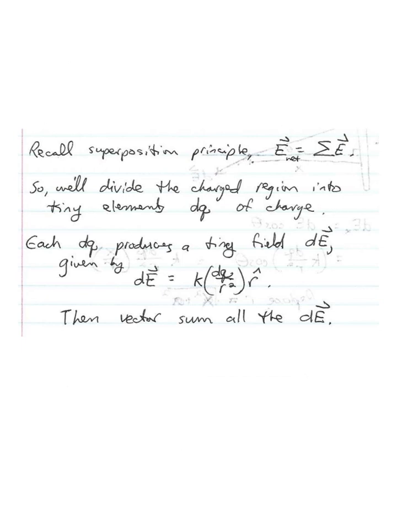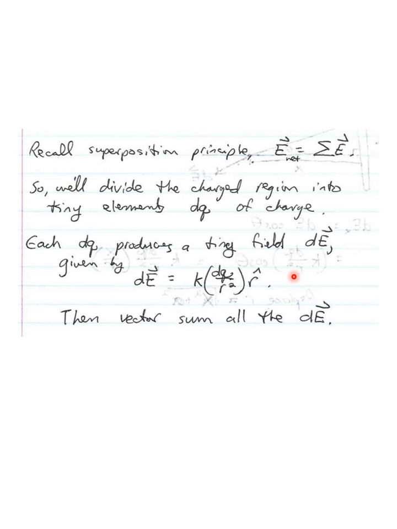So remember the superposition principle, that the net electric field is the sum of all the little electric fields from all the different charges. What we're going to do is divide the charged region into tiny elements dq of charge. Each little dq element produces a tiny field dE given by the electric field from a point charge equation, but instead of E and Q, we've made dE and dq.